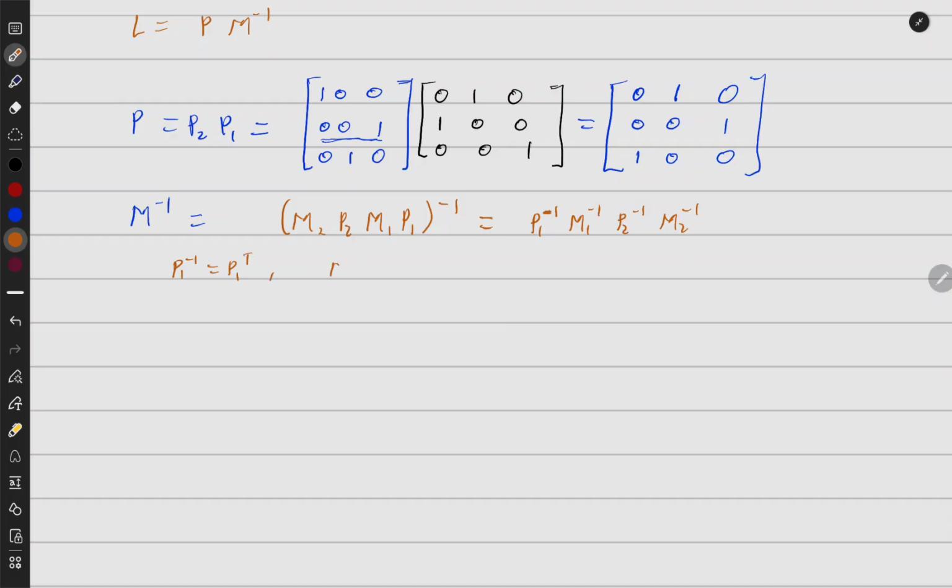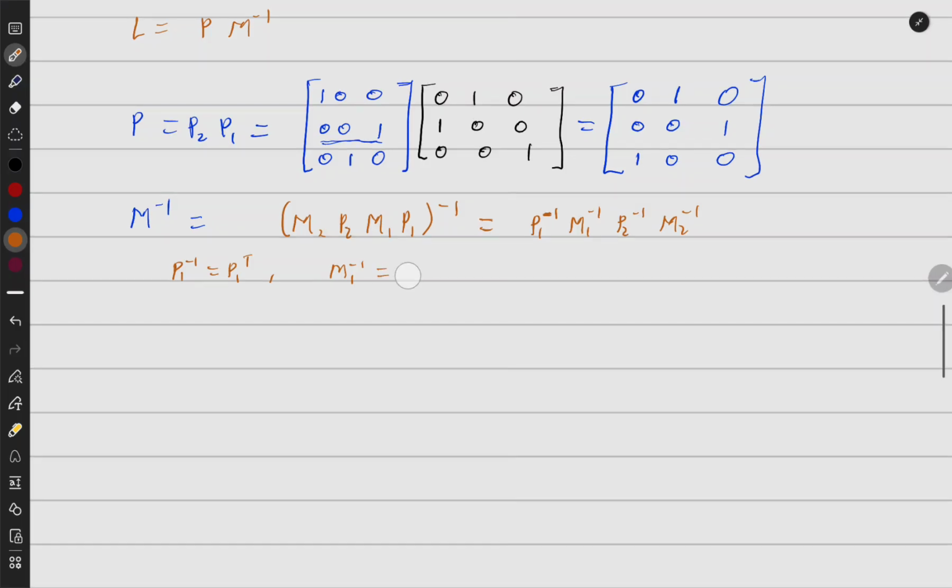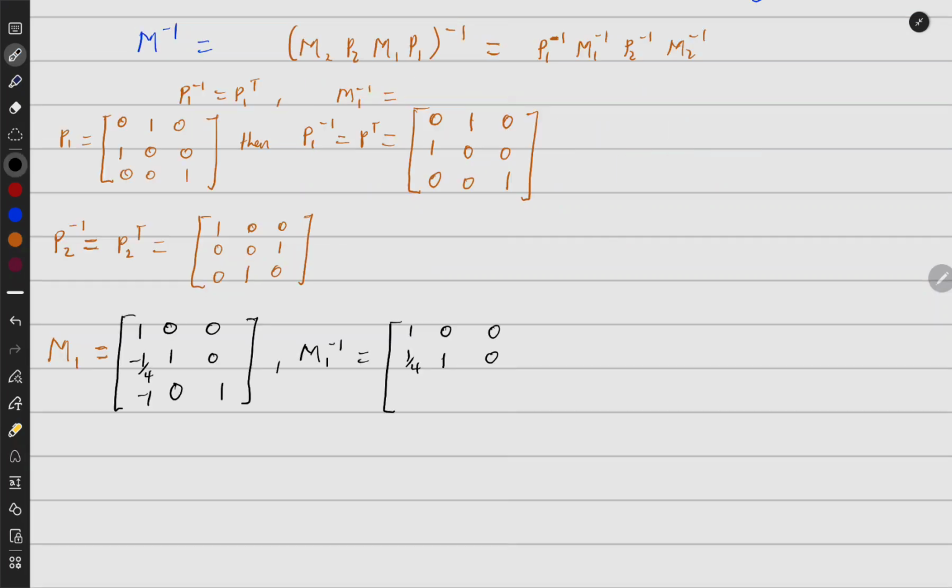And for my M1 inverse, I just have to change the sign. It's just the change of the sign. So my P inverse is P transpose. So my P2 inverse is P2 transpose. Then for my M1, its inverse is just making this positive and that positive, full stop.